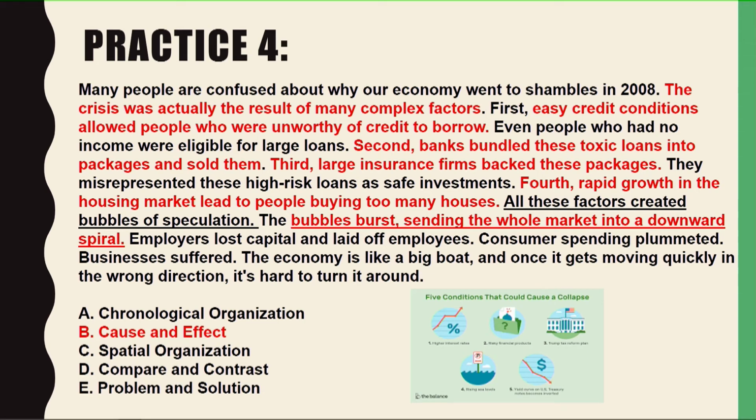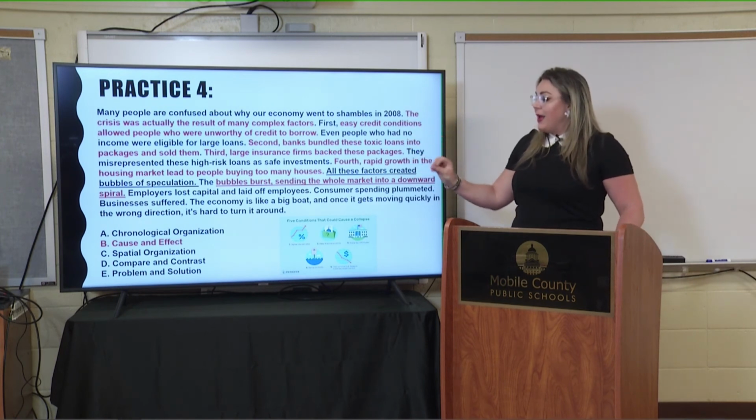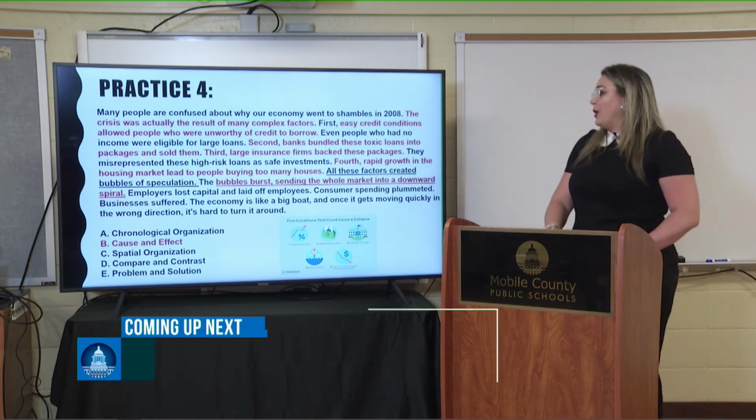Then it goes on to say that large insurance firms also backed these packages. Fourth, rapid growth in the housing market led to people buying too many houses. All of these factors created bubbles of speculation. The bubbles burst, sending the whole market into a downward spiral. So all of these causes had a major effect on the housing market crisis.